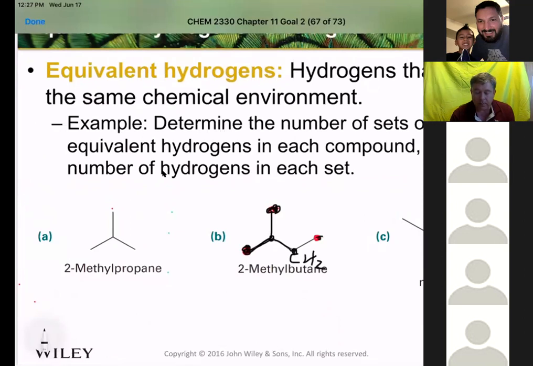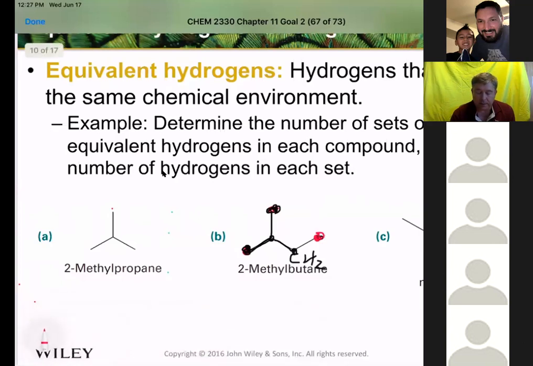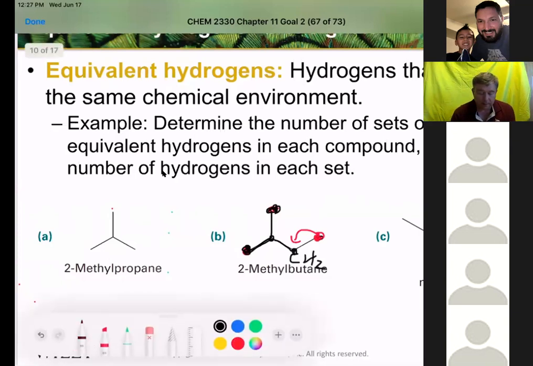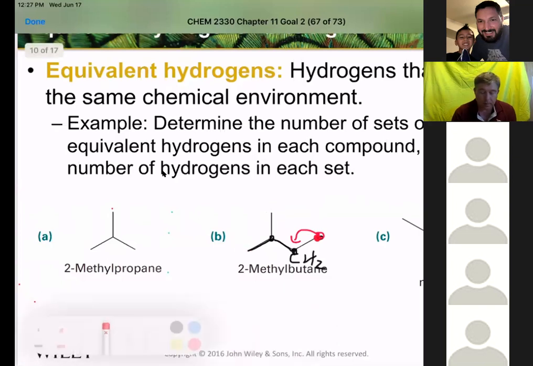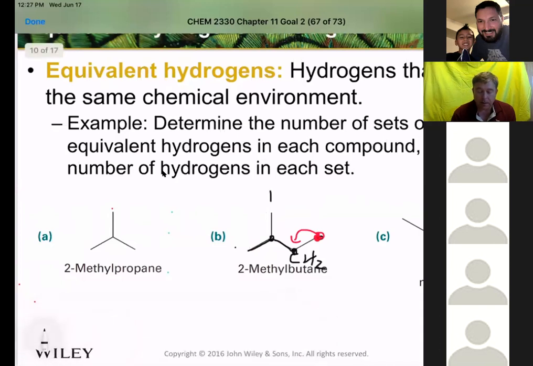But this one over here, this last one, is a CH3 only hooked to a single carbon with 2 hydrogens on it. Which means that methyl group number 1 and methyl group number 2 actually are equivalent. They have the same connections, right?